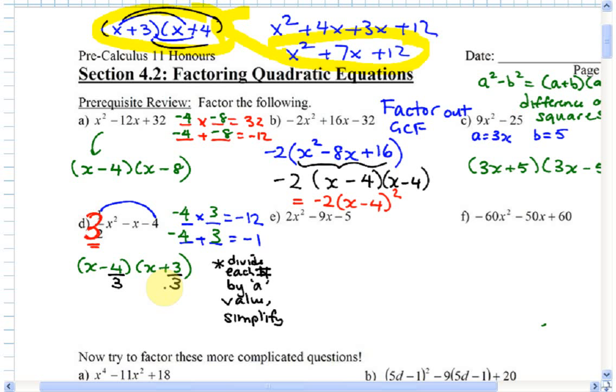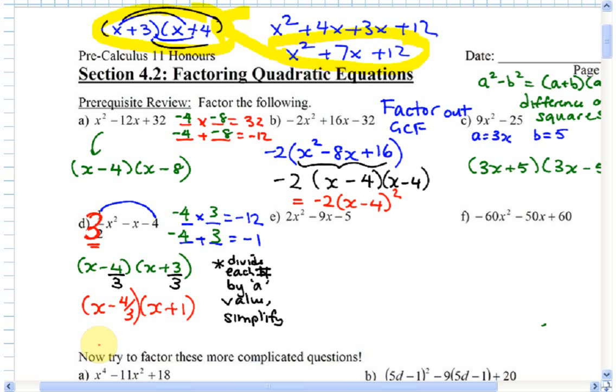And let's see if you can simplify. Now for the first one, 4/3, can I simplify that? Not really, that's already in lowest terms, so leave it alone. How about the 3 and the 3? That becomes 1. So let me ask you to rewrite this as x plus 1, and we'll just copy down the other one, x minus 4/3. Okay? That's good. So you simplified.